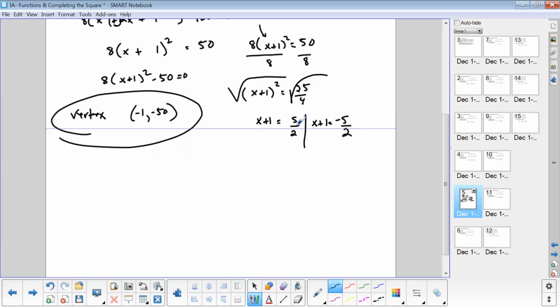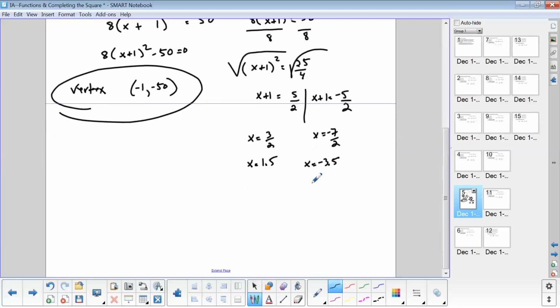Well, if I subtract 1, that's subtracting 2/2, so that's going to give me x equal 3/2, or x equal 1.5. And then if I subtract 2/2 here, I'm going to get x equal -7/2, not fifths. But x equal -7/2, and that's the same as -3.5.